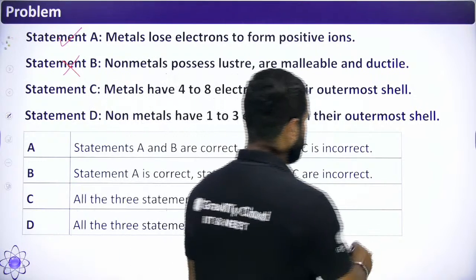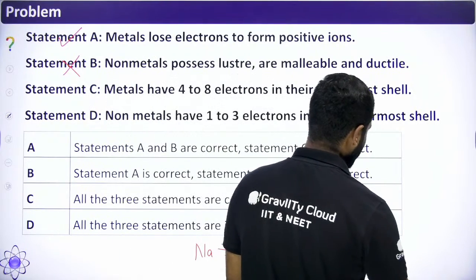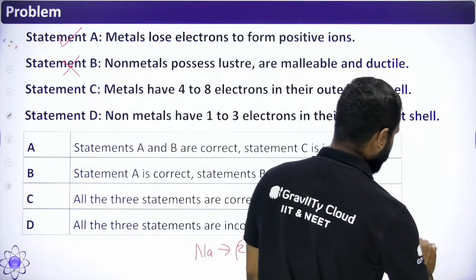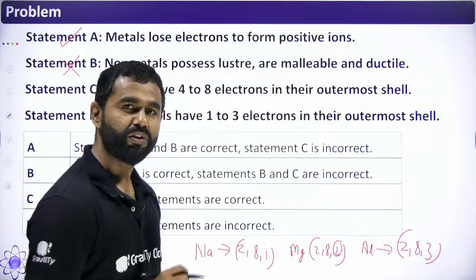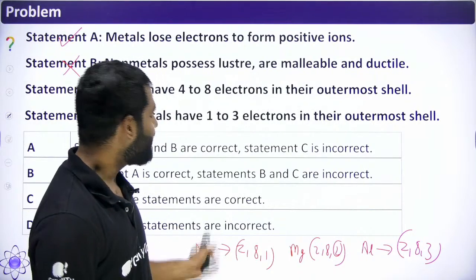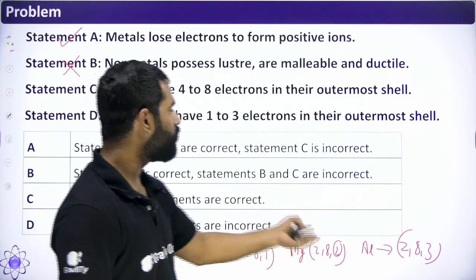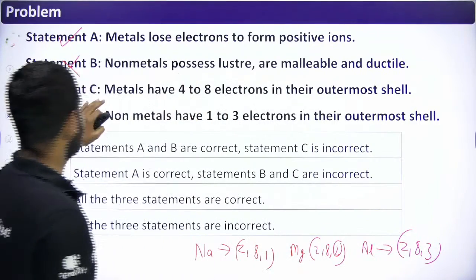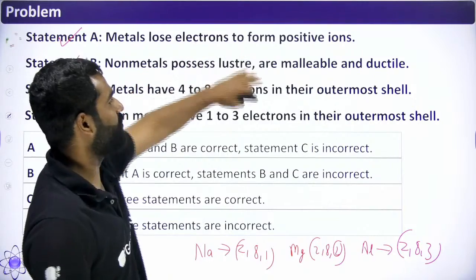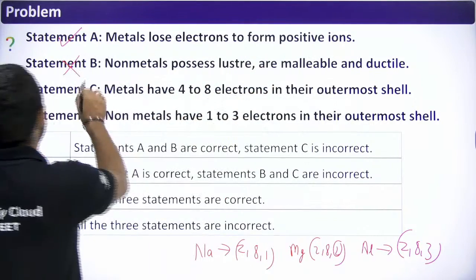Now let's say aluminium. It is 2, 8, 3. That means aluminium has 3 electrons in its outermost shell, right? So metals can have either 1 or 2 or 3 electrons in their outermost shell. When the statement says metals have 4 to 8 electrons in their outermost shell, it is false.